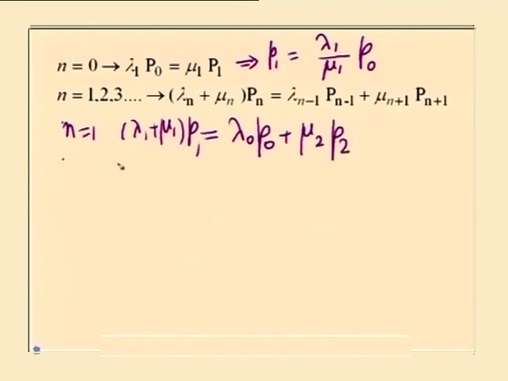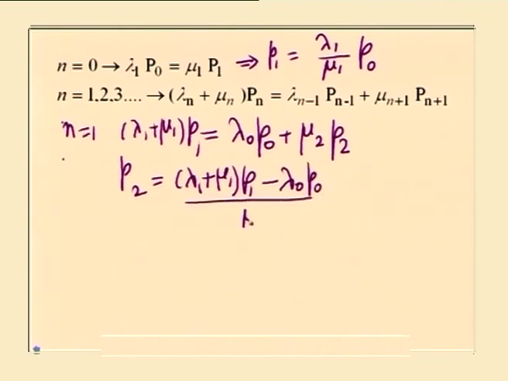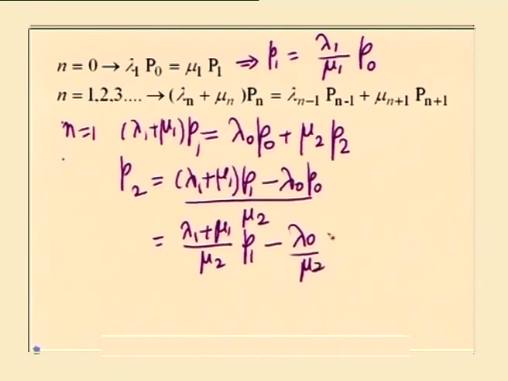Fine. Now, p 2 is written as (lambda 1 plus mu 1) into p 1 minus lambda naught p naught, divided by mu 2. This can be further written as (lambda 1 plus mu 1) by mu 2 into p 1, minus lambda naught by mu 2 into p naught. We use this expression for p 1 as lambda naught by mu 1 into p naught.